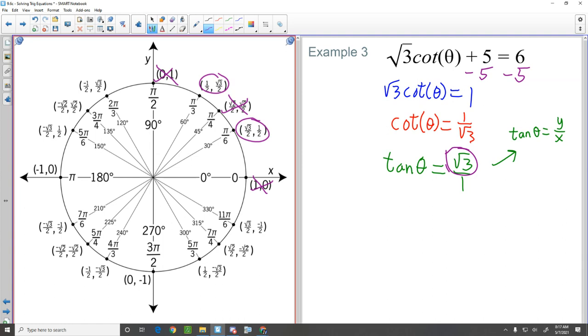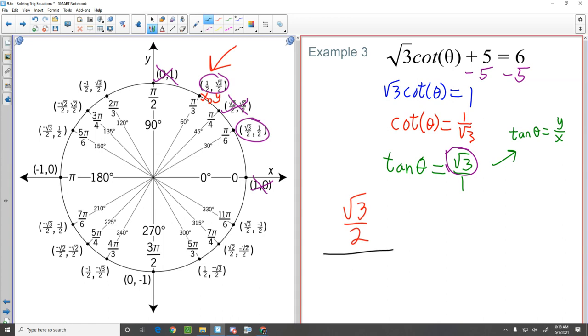And if I take this angle right here, take the y coordinate and divide it by the x coordinate, the square root of 3 over 2 over 1/2. If you were to divide those, well, look what happens.